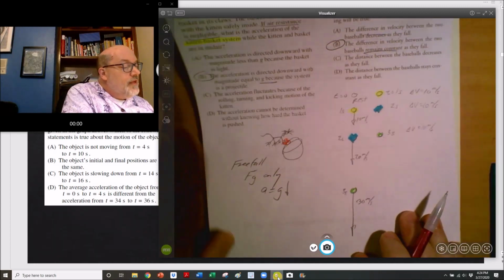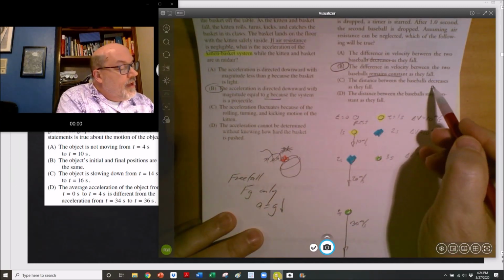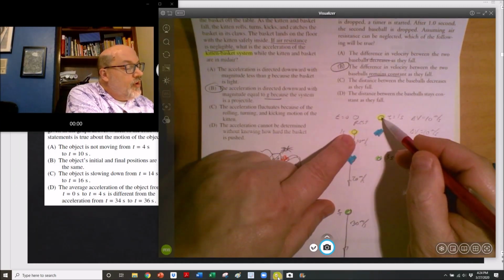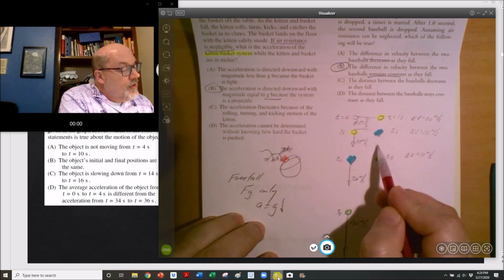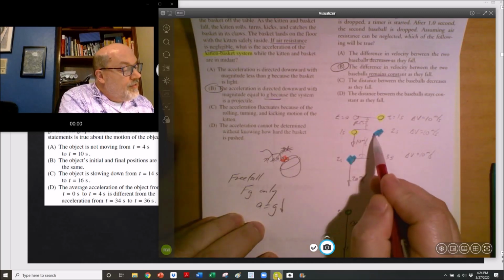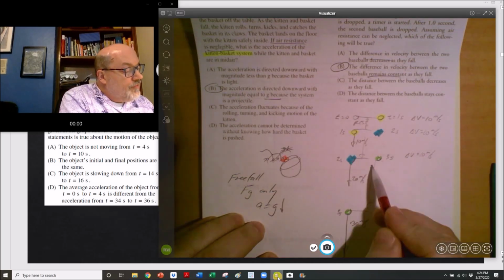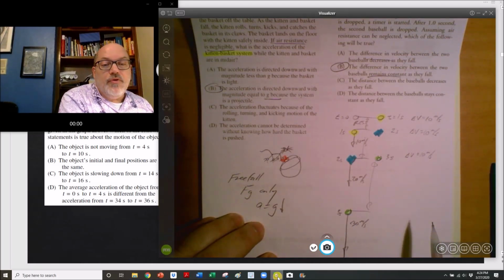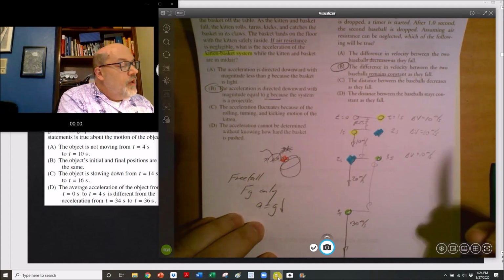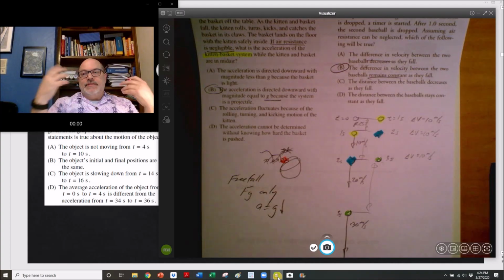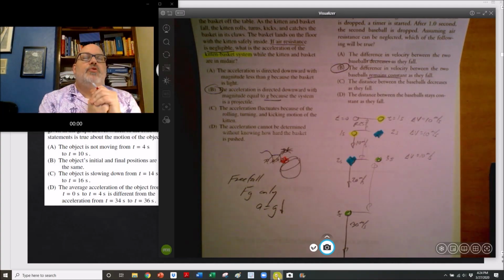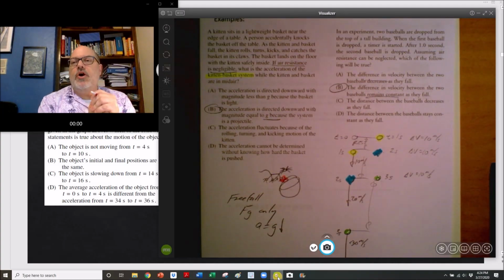You can also see that the distance between the objects is going to be getting farther and farther apart. They're this far apart at first, then they're this far apart, and then they are this far apart. So all those superhero movies where, say, Gwen Stacy falls off a building and Spider-Man jumps after her, Spider-Man never catches up.